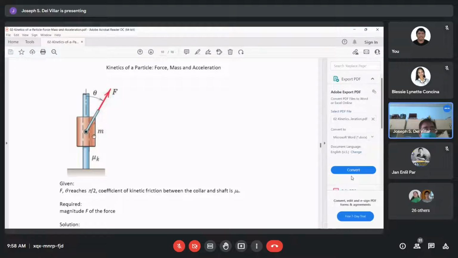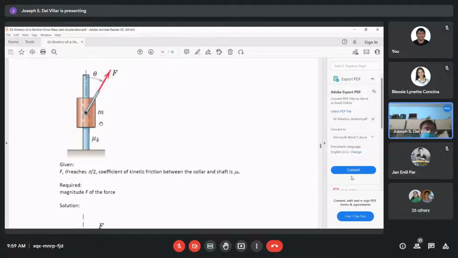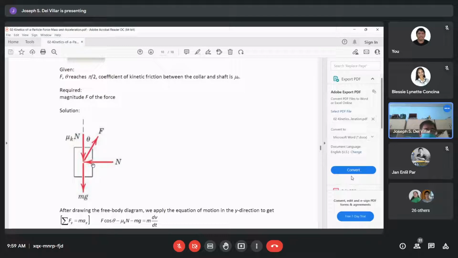And then, since the motion is upward, because it slides up, definitely the frictional force is opposite the direction of motion. So the kinetic frictional force is downward. You can see here this is mu sub k times N, that is the frictional force, opposite the direction of motion.